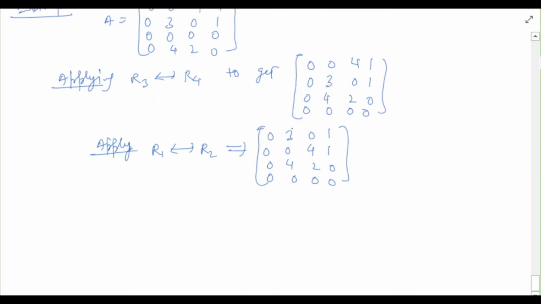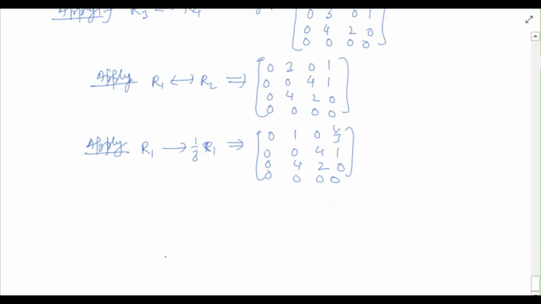We see that the pivot element in the first row is 3, so we apply R1 to 1 by 3 R1 to get 0 1 0 1 by 3, 0 0 4 1, 0 4 2 0, 0 0 0 0. Next, we see that the second column, which is a pivot column, is not a standard unit vector.